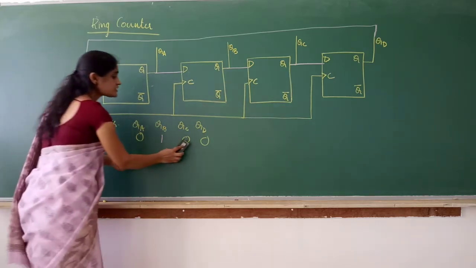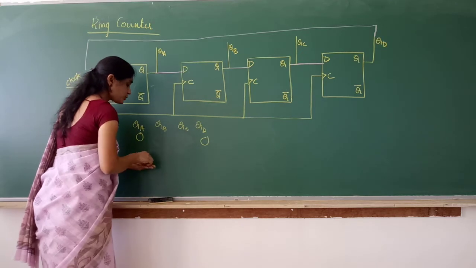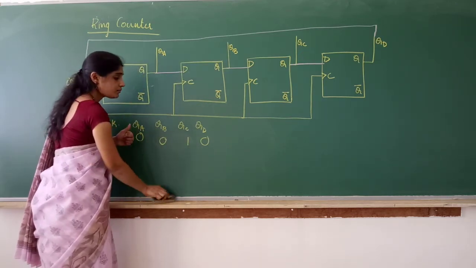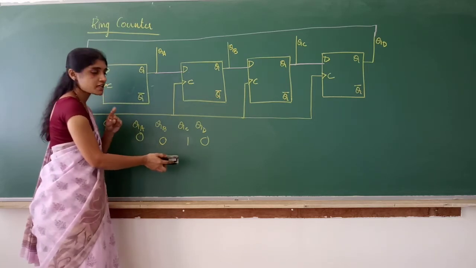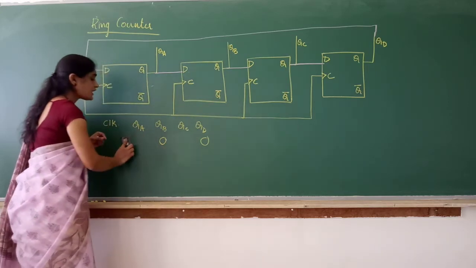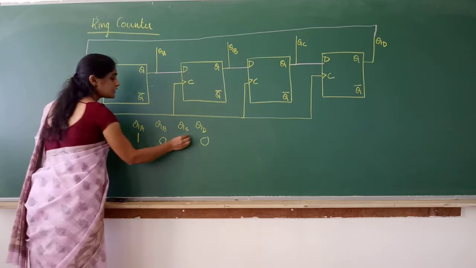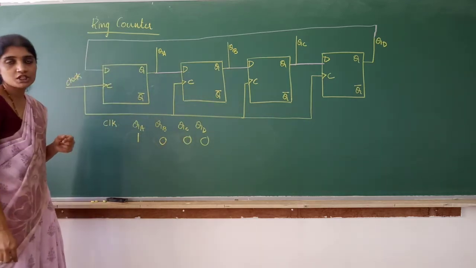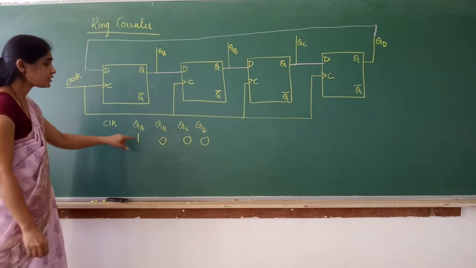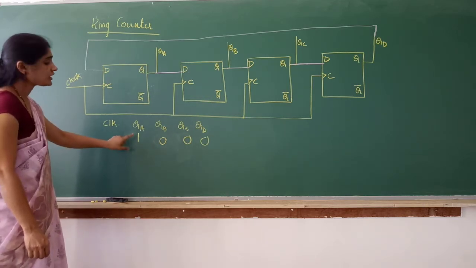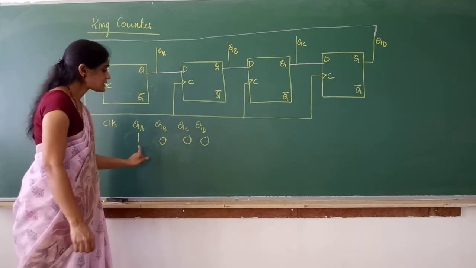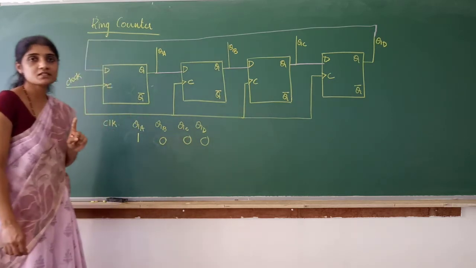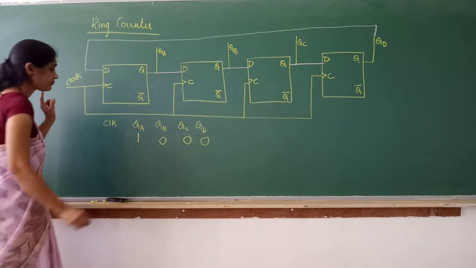Or you make QC as 1. The other flip-flops will be in state 0. So at any time, any one flip-flop should be in state 1. Or you make QA as 1. The other flip-flops will be in state 0. So this is how a ring counter will be initialized. It is not mandatory that you have to start from 1000. You can give it as 0100, 0010 or 0001. Any one flip-flop should be in state 1, other flip-flops should be in state 0.